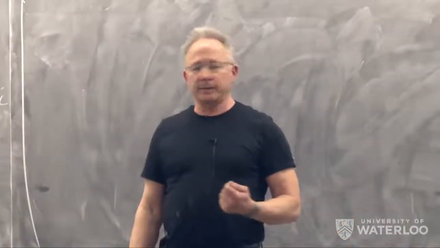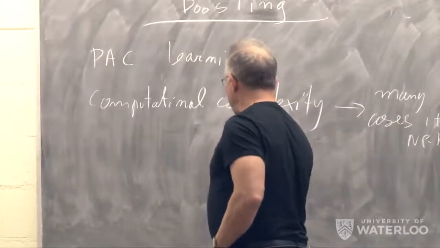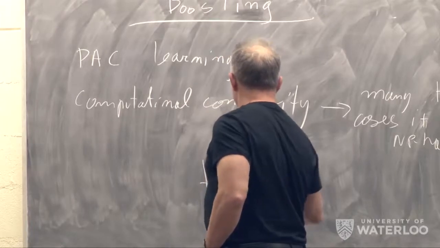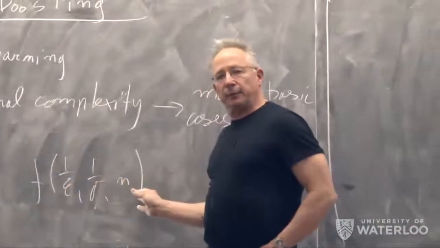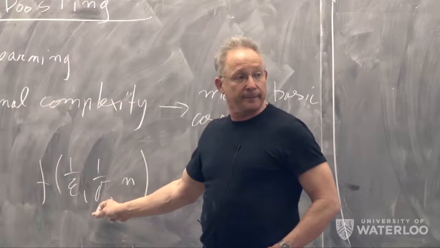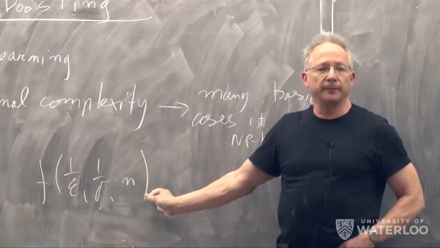The problem is, as you remember, we were trying to learn as a function. We were trying to find a function of 1 over epsilon, 1 over delta, and some complexity parameter n, that will be the runtime of your learning in order to achieve these kinds of guarantees. And it turns out that this is going to be computationally hard.